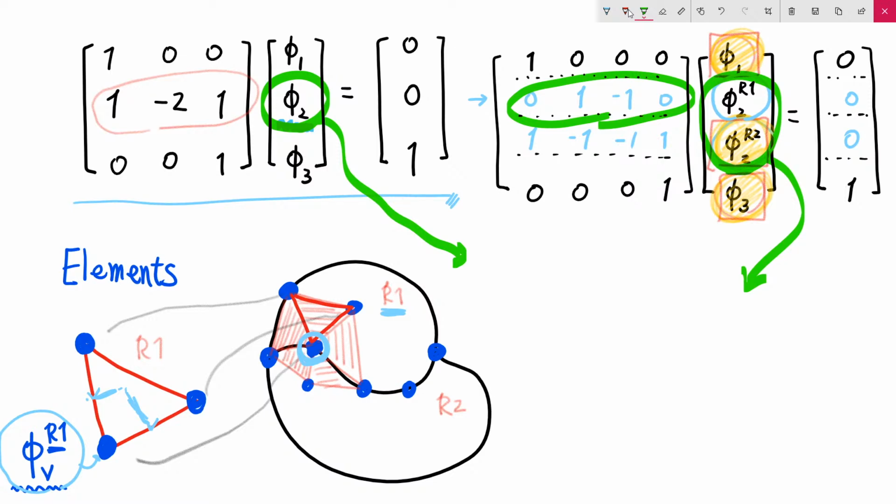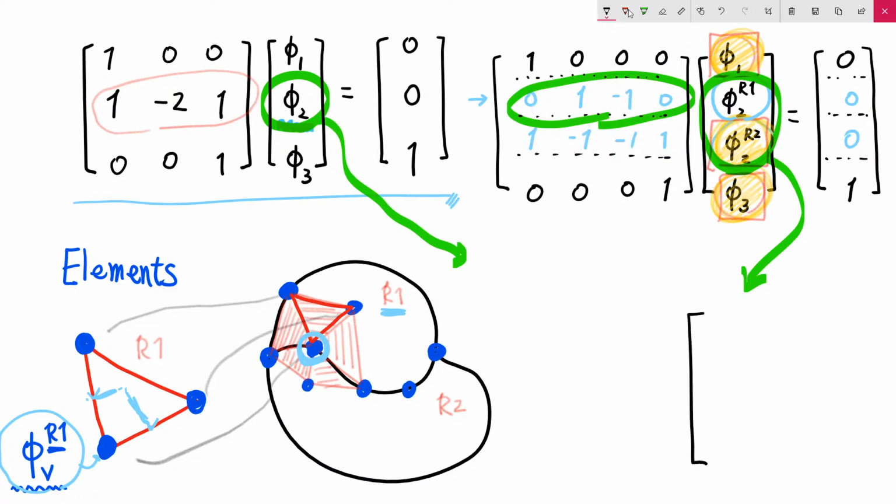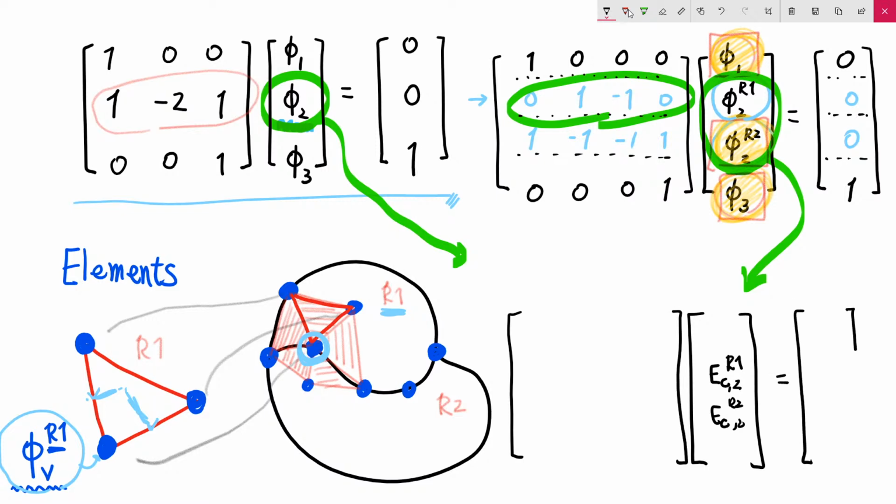For example, let me conclude my lecture with something like this. EC for R1, EC number 2, R2. If we have such unknown variables, then our equation no longer looks like this. In this case, oxide one and silicon one are of course proportional.